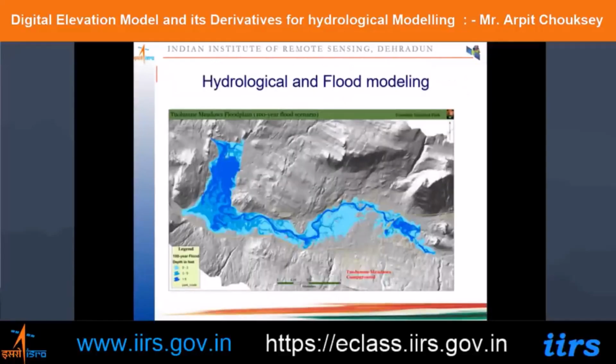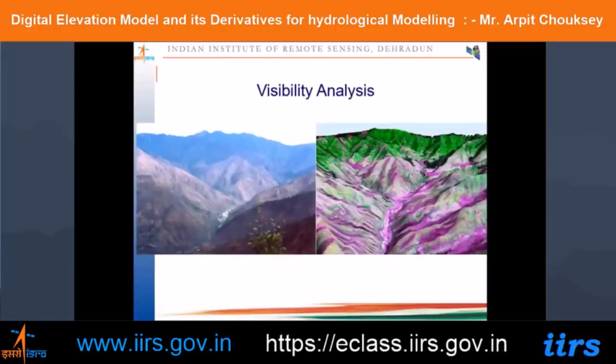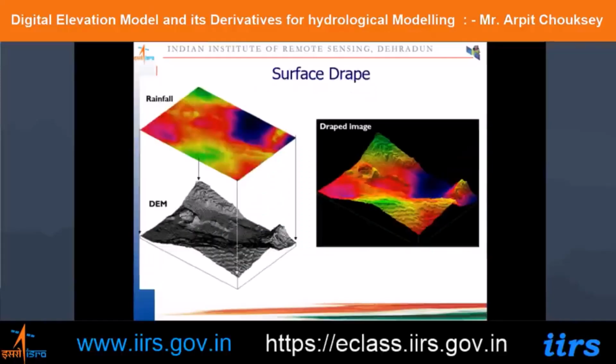Similarly, a perspective view of the DEM can also be generated, where the FCC, the false color composite image, can be draped over the digital elevation model, and a 3D representation of the different natural or other cultural features can also be created. So that's all from my side.